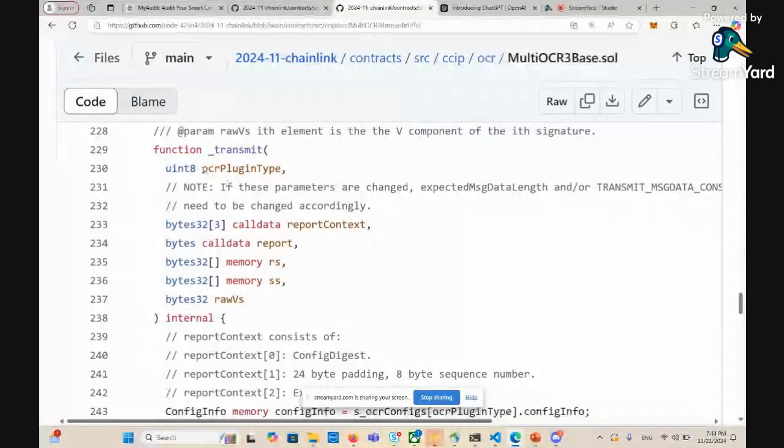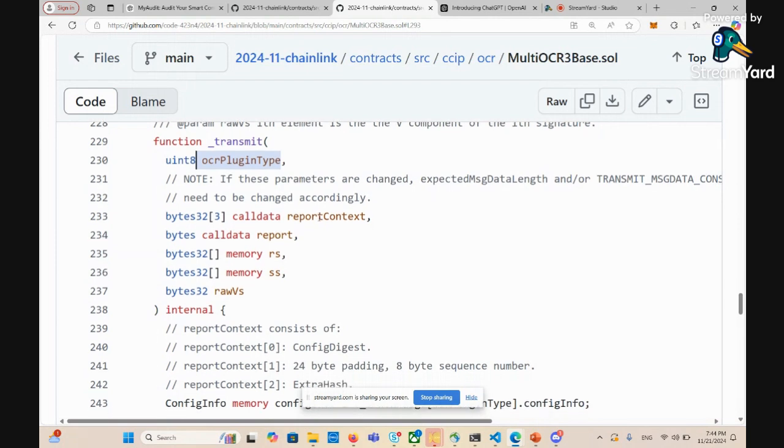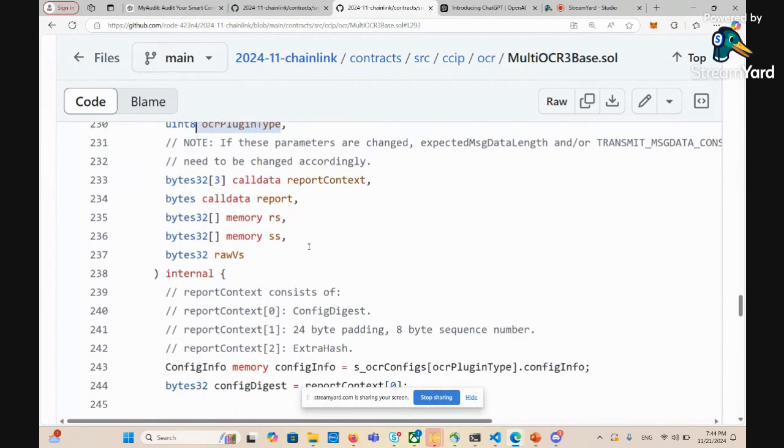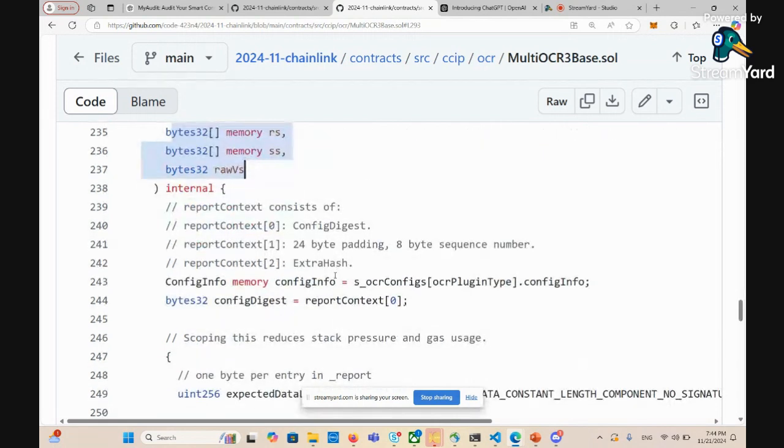Okay. So that means for each plugin, they might involve two separate committees. So you can imagine this is like the committee ID, so to speak. They call it configuration, they call it plugin, but when it comes to signatures, it's basically two different committees. And so all these signatures are coming from two different committees.